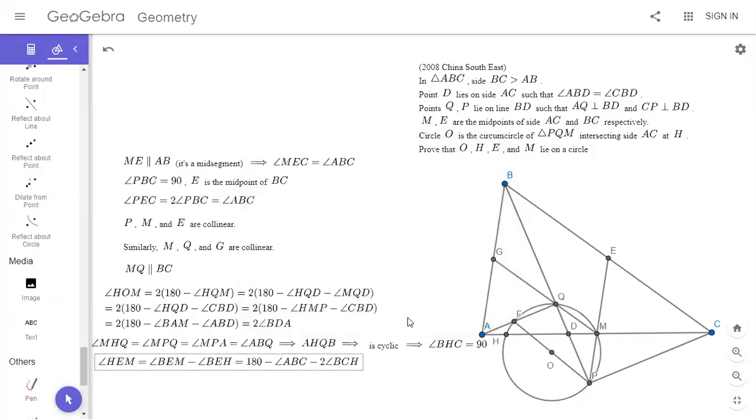Okay. So we want to show ABC plus 2 BCH is 2 BDA. And that's true. Yeah.